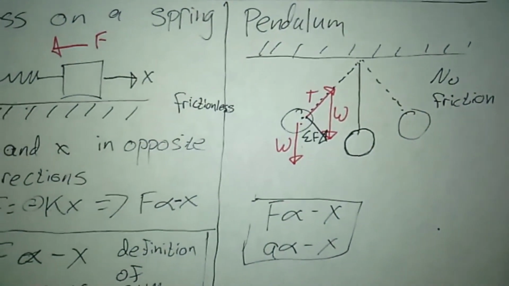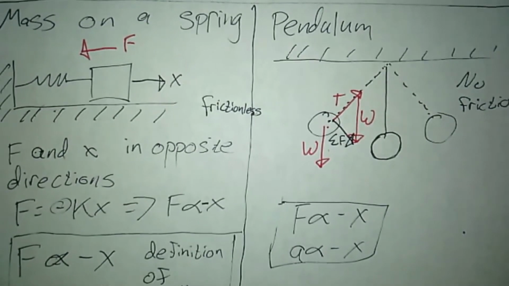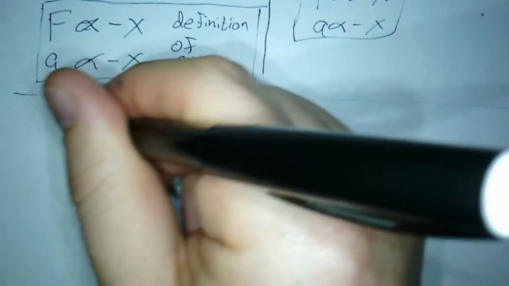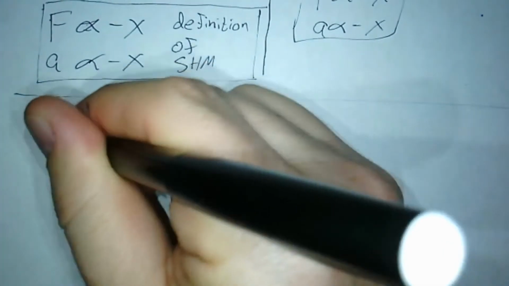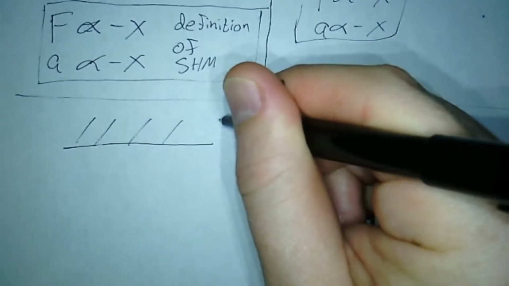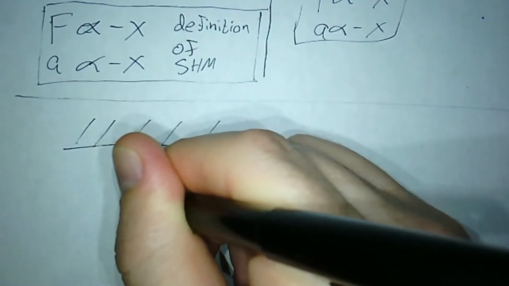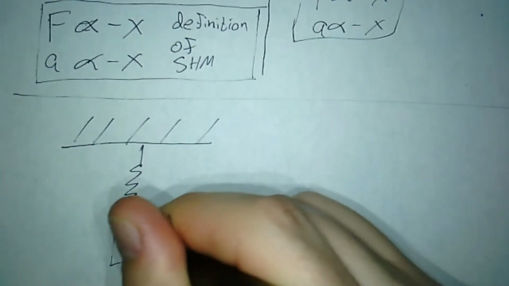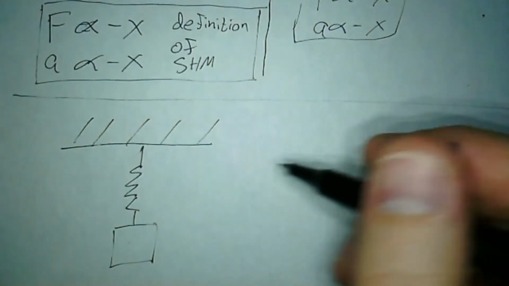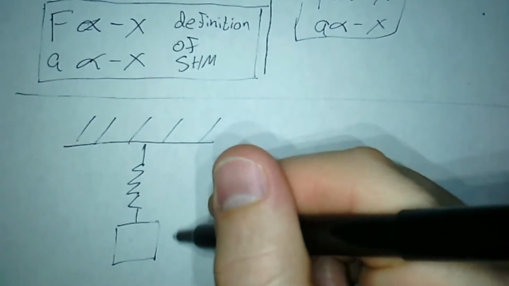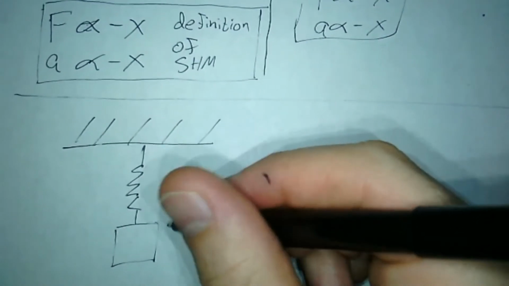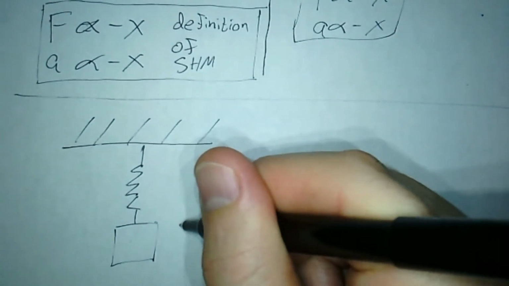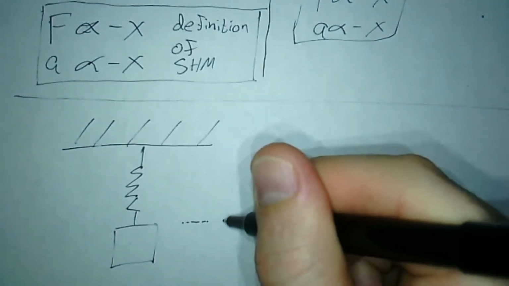Now there's a slightly different version of the mass and spring, and that's the vertical spring. So if I took a mass and a spring, hung it like that, well, it's going to stretch down from where it would be if you didn't put the mass, but we can still say its equilibrium position is right here.